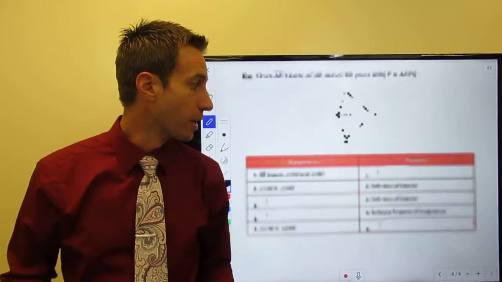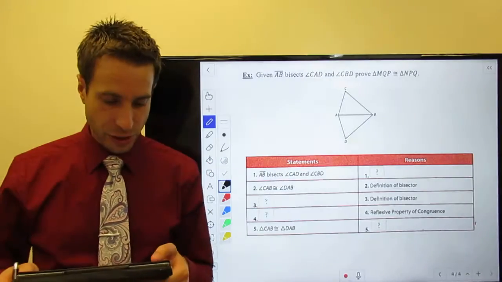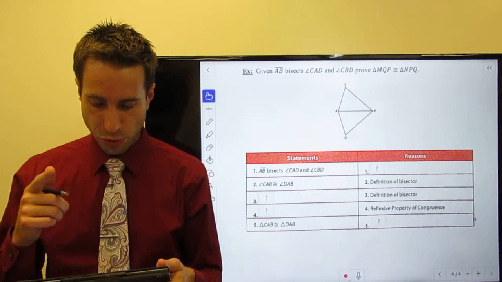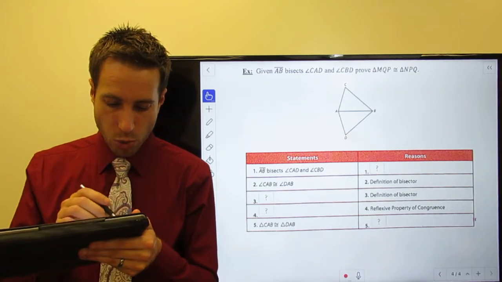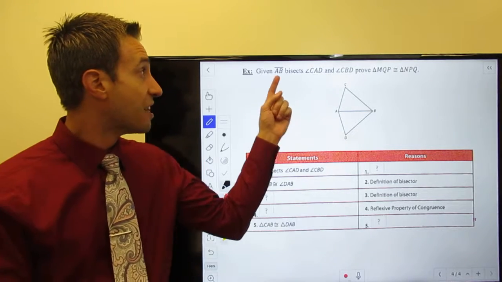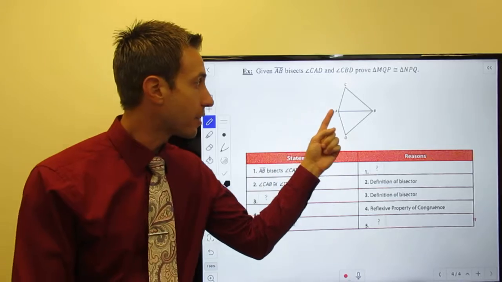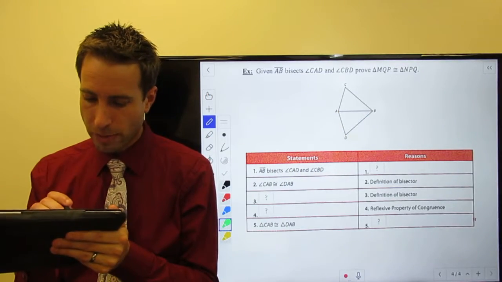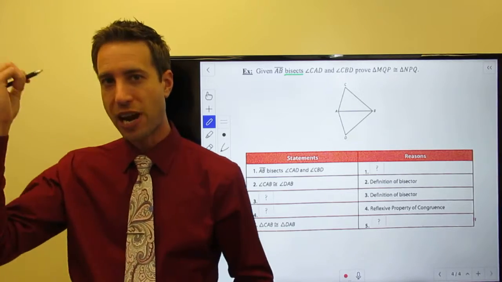Got one more for you here in this section. So let's go ahead and take a look at another proof. We'll start by looking at what we've been given. All right, here's what I've been given. I am told that line segment AB bisects CAD. This is a really important word. You should remember it from all the way back in Chapter 1.